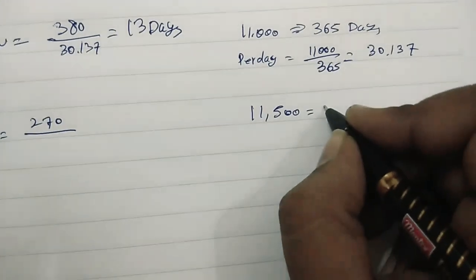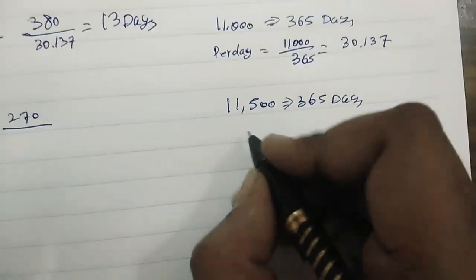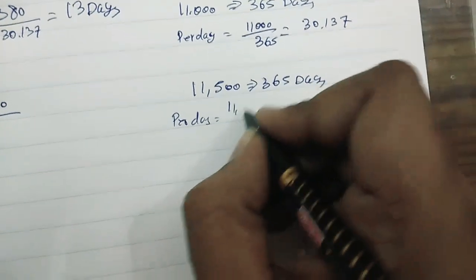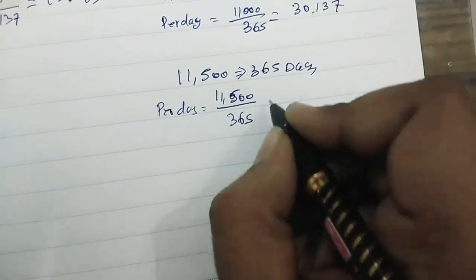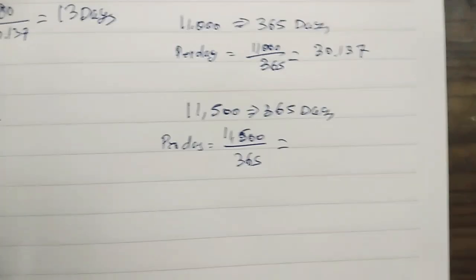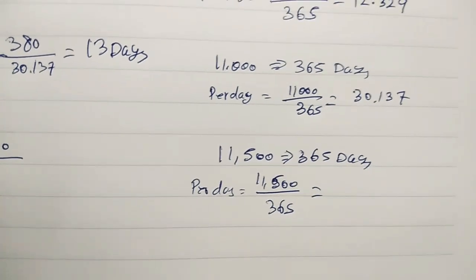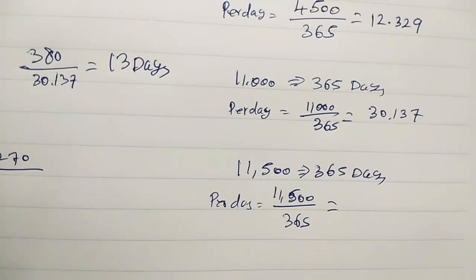It is given for 365 days, then calculate per day. That is 11,500 divided by 365, which is 31.507.